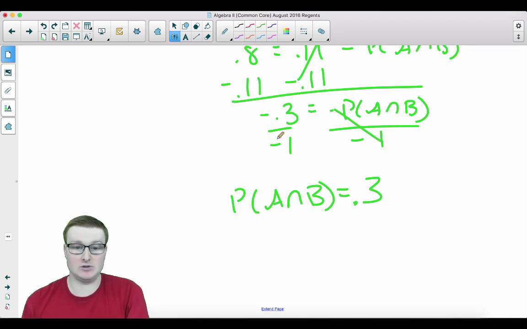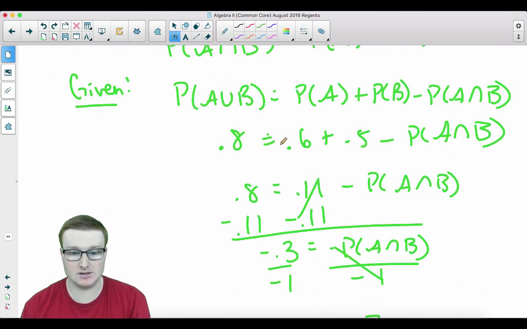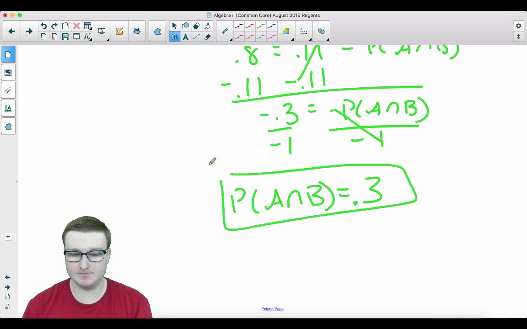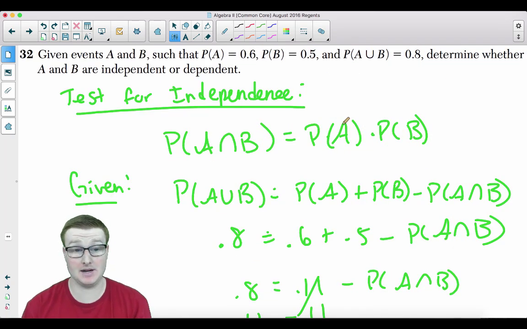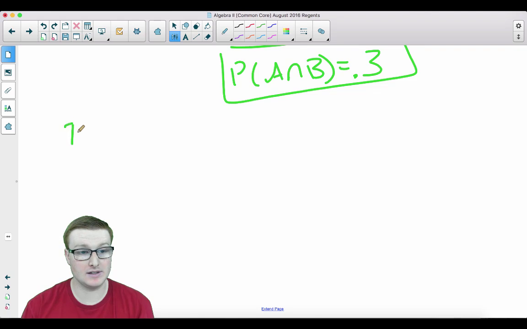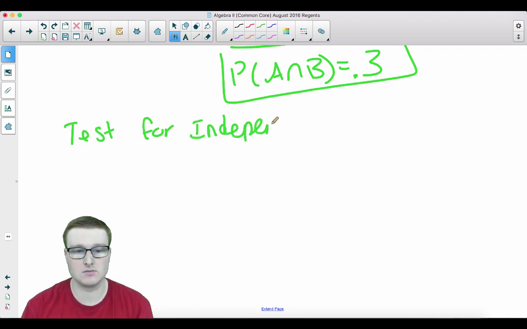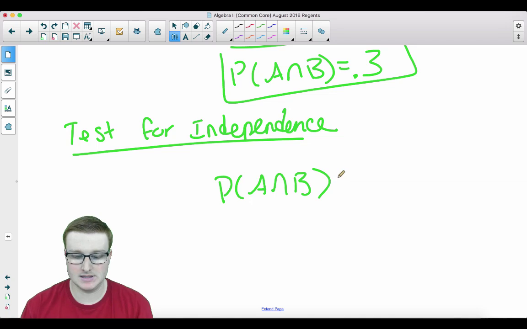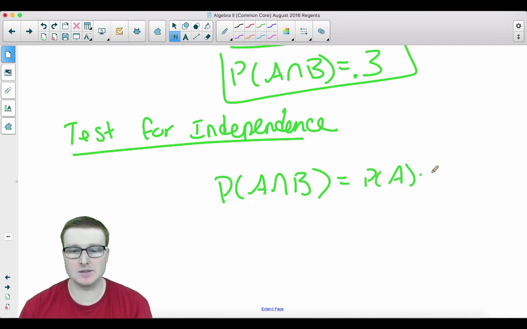So now we have to test for independence. Oh, I'm sorry. Did I keep saying intersection? I meant A given B. So all we need to do is take this information and plug it into the formula that we got up here. The test for independence: does the probability of A given B equal the probability of A times the probability of B?